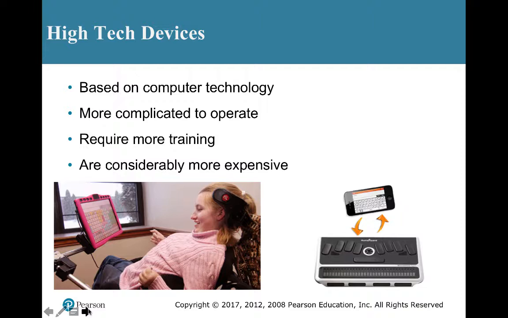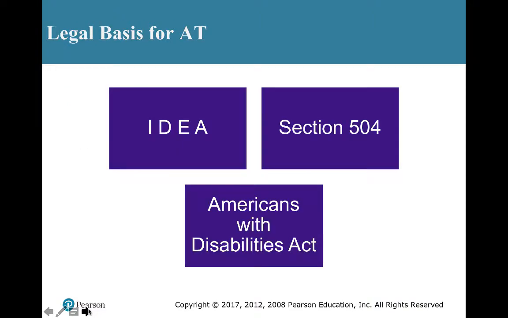It does require training, may require service to keep in good shape, and is also generally more expensive. But I do want to say that now with iPads and certain computers really having more accessibility features, the price of the technology is definitely going down.